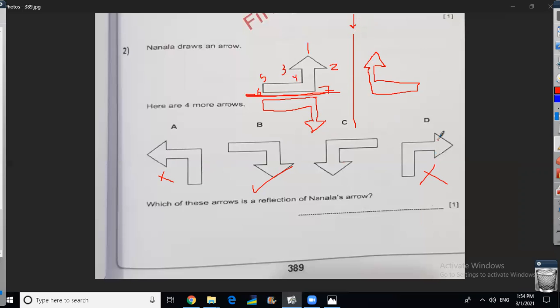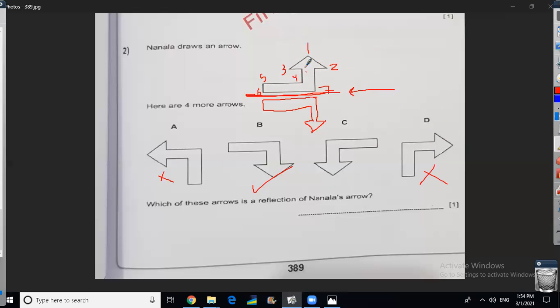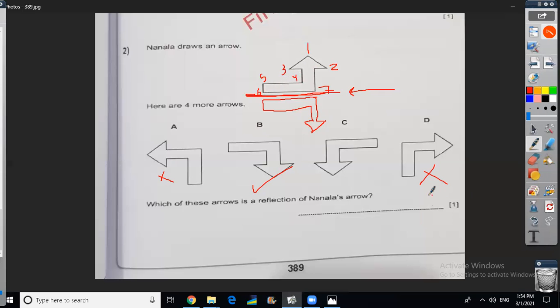I don't have this option. So this can be a reflection, but I don't have this direction at all. So this mirror line is not the one they want me to use. They want me to use this mirror line. This is the only option that I have. The tip of the arrow here will go down, and this left part will stay left. So it's B.